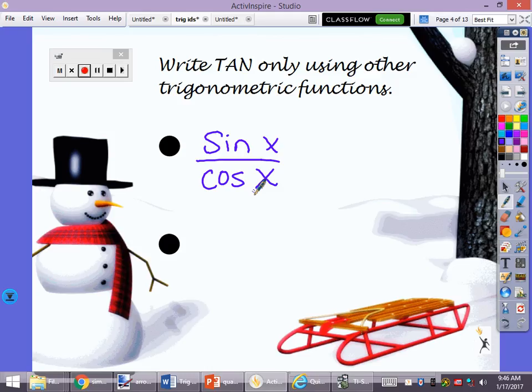Cotangent. So tangent is the reciprocal of cotangent. So 1 over cotangent would give you tangent. Okay? 1 over secant would give me cosine. 1 over cosecant would give me sine. So those are some other pieces of trig identity.